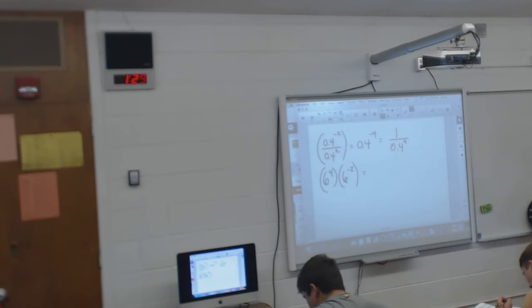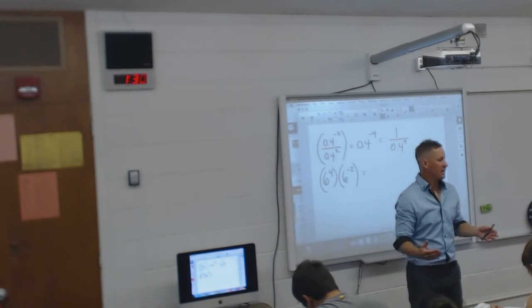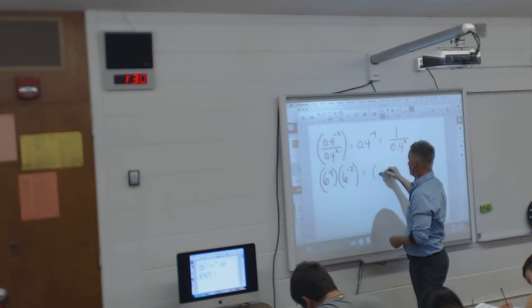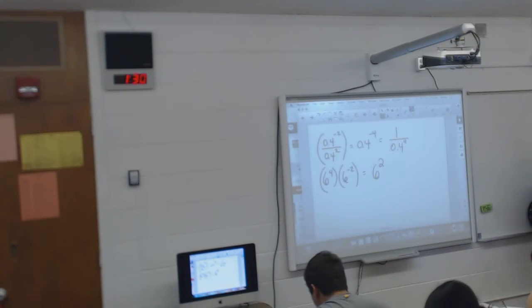I look at my rules, and what does it say when I have 2 terms multiplied by each other with the same base? What do I do with the exponents? Add the exponents. So what's the correct answer here? 6 to the power of 2. There's your answer. Again, have your rules beside you when you go through this. It makes it a lot easier.